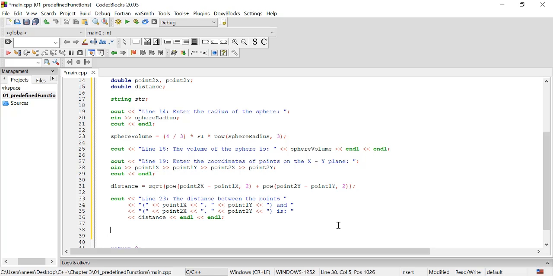Now, in this example, we also have string is equal to programming with C++.